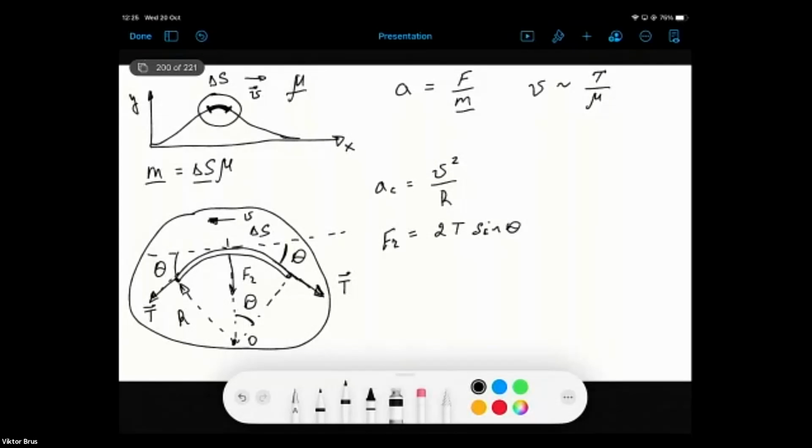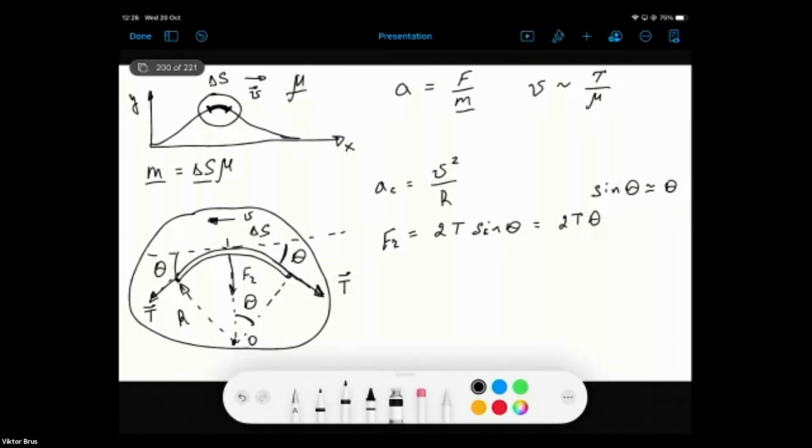And now, if we assume that angle theta is very small, so we don't create really huge pulses, but small amplitude, and don't go to extreme cases, then we remember that we can make the approximation that sine theta for small theta is equal to theta. So we can substitute this sine theta with just theta. That will be 2 times T times theta.